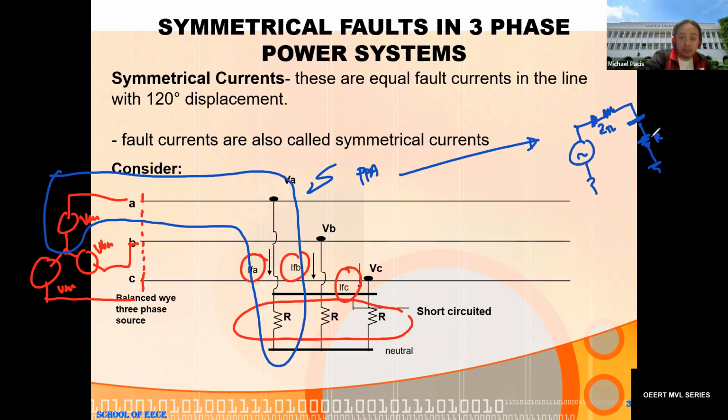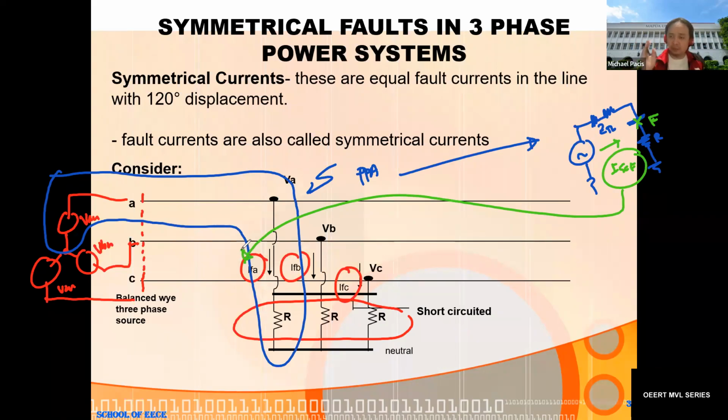Now, the fault occurs here at our load, and it is clear that you can get the short circuit current IFA, the fault current at A. Phase B and phase C are the same thing, but we always use per phase analysis at phase A in order to get that fault current. This is what we call the positive sequence network.